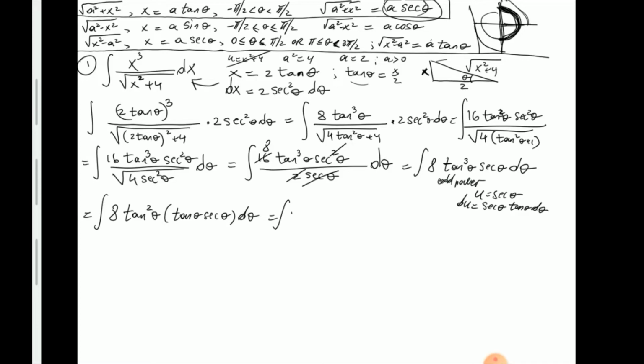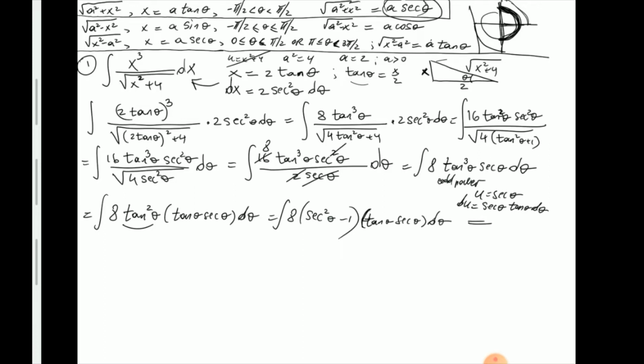Use again the identity to write tangent squared in terms of secant squared, or secant squared minus 1. If you need to take a pause and look back on the previous section, you should do that. And then tangent secant d theta becomes, later will become du, right? So tangent theta secant theta d theta.